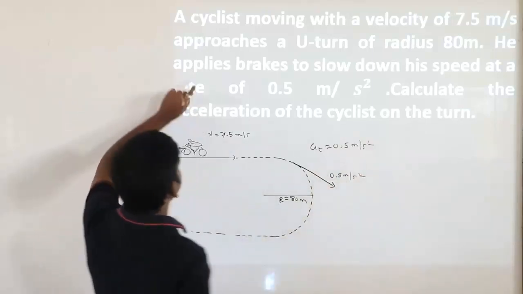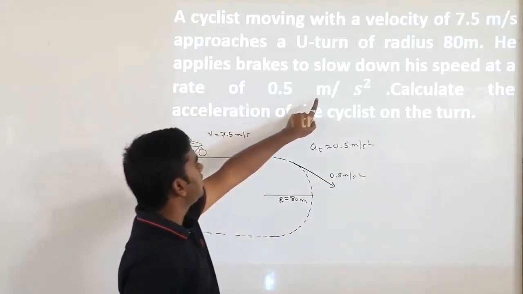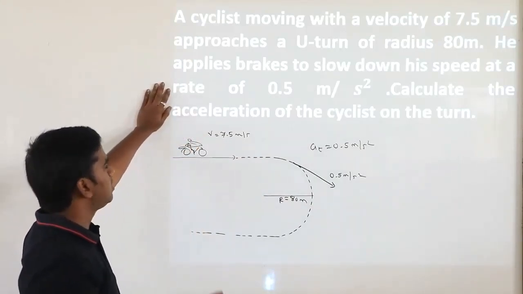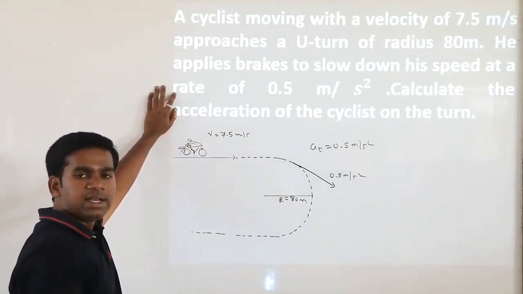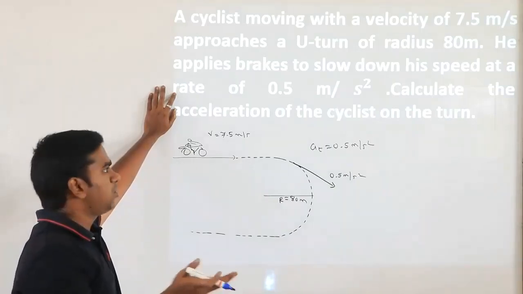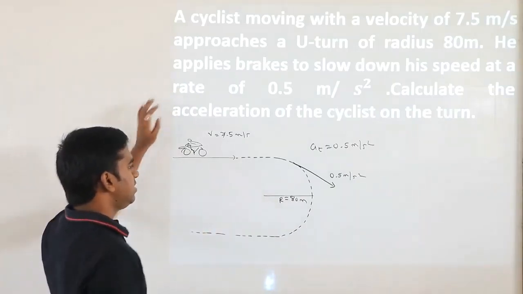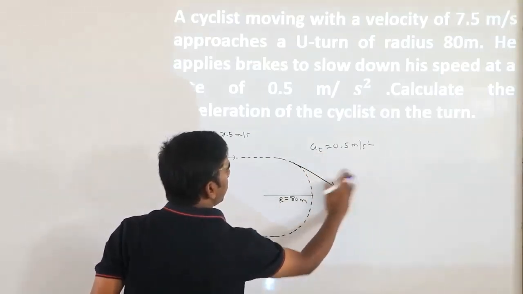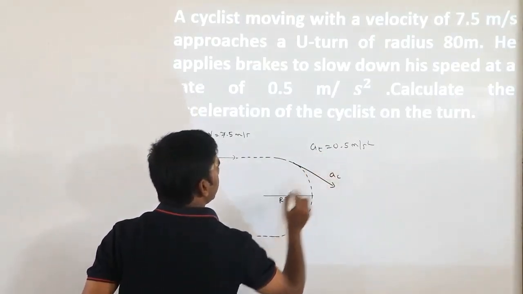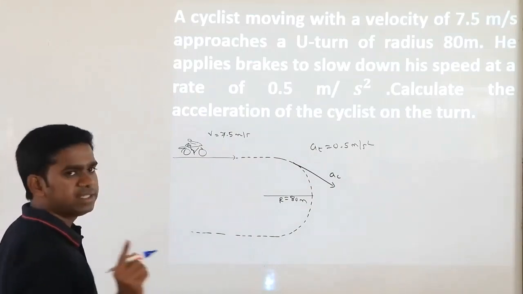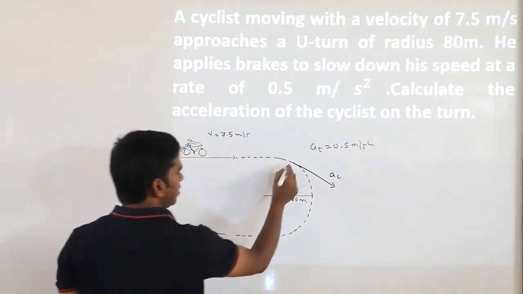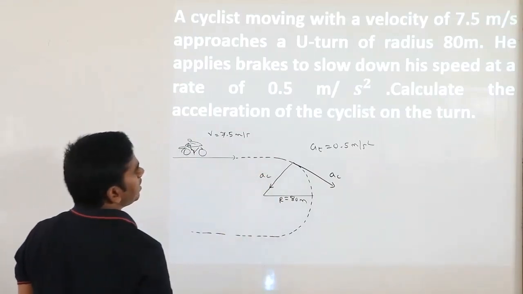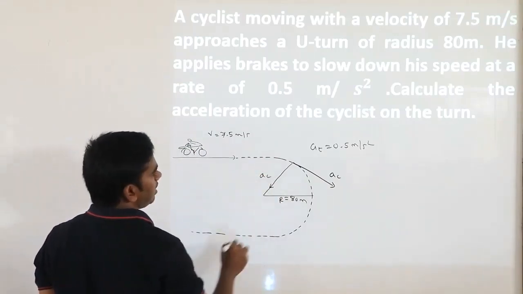Don't think that this is velocity; the unit is meter per second square. He slowed down his speed at a rate of change of speed, which is acceleration. So tangential acceleration is 0.5 meter per second square. And one more acceleration will come, that is centripetal acceleration, towards the center. They are asking the acceleration of the cyclist.